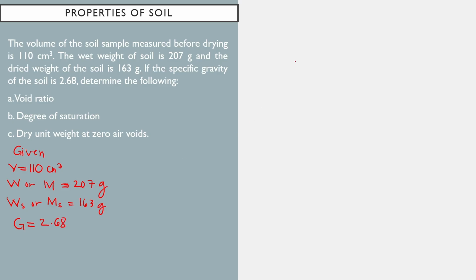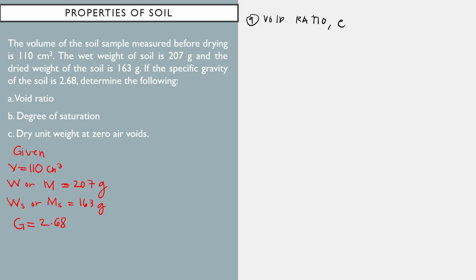Ayan. So, dito, pinapahanap sa atin yung tatlo: yung void ratio, degree of saturation, and dry unit weight at zero air voids. So, una yung void ratio. Dito, yung gamitin natin is yung density. Most of the time, yung ginagamit natin is yung formula ng unit weight, so dito yung density naman, pwede natin gamitin yon.